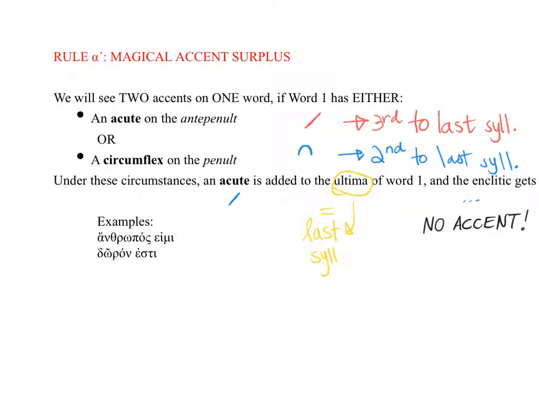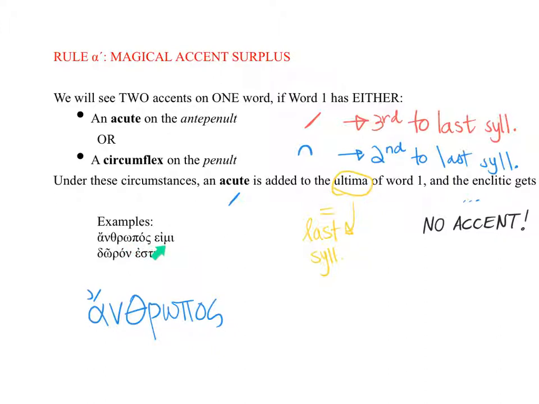In the normal accentuation of this word one, anthropos, you would see the word spelled like this, with an acute on this syllable, which if we count back from the back, this is the ultima, this syllable is the penult, and this syllable is the antepenult. So we have an acute on the antepenult. That's why we have two accents on anthropos and no accent on Amy.